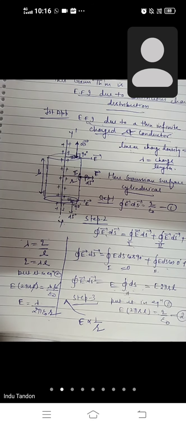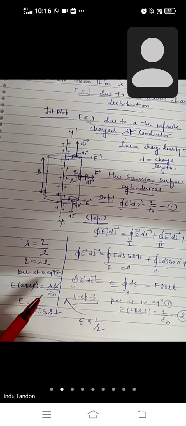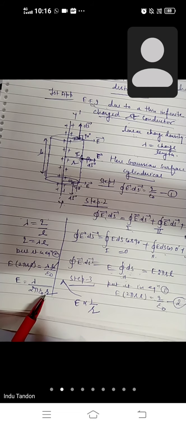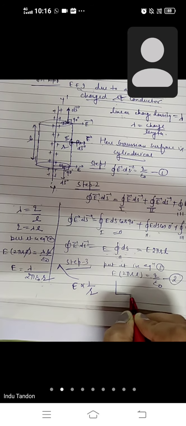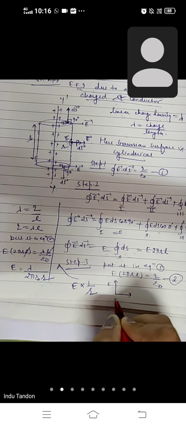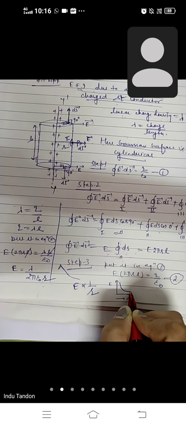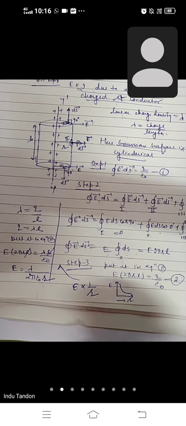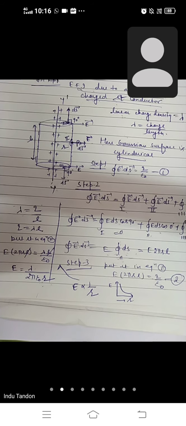If I say plot the graph between E and R, what shape will it be? What is the shape of the graph? It is a curve, a hyperbola. Plotting E against R, it looks like this. Right? Is it clear? Yes, ma'am. You have to learn this formula directly.